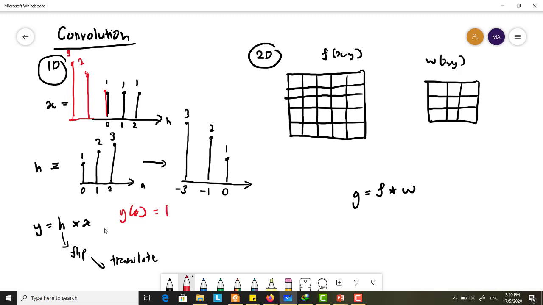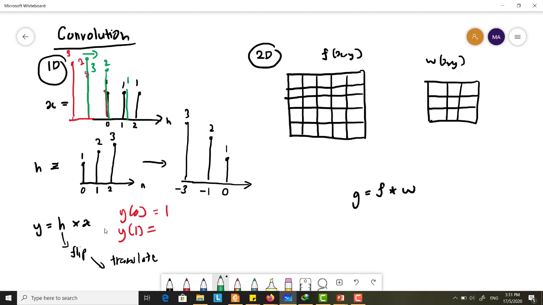And how about y when n equals 1? What happens? You translate your flipped version in that direction because it's +1. So now this one becomes your 3, this one becomes your 2, this one becomes your 1.